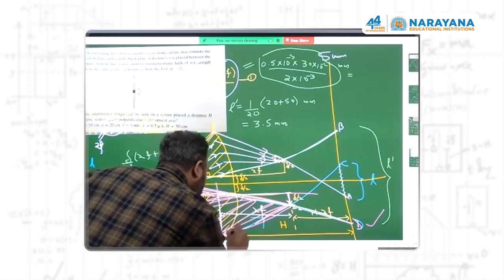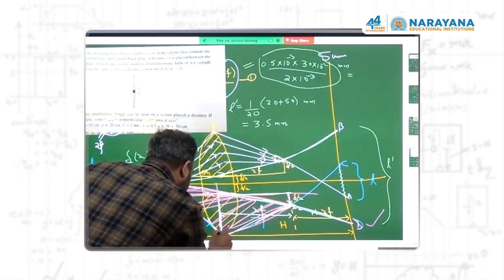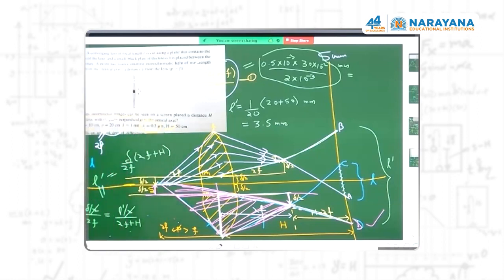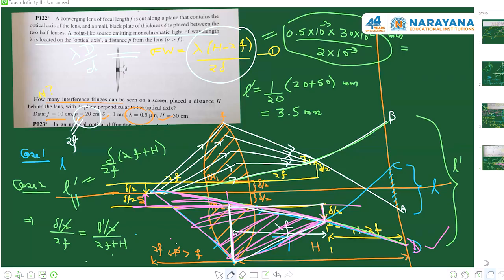But this height as such is not given. In this problem, he has never given the size of the aperture. If you provide me the aperture also, you provide me delta by 2, that's fine. You provide me aperture also. So this point will be well defined. And with respect to the axis, I know my well defined point here also. Then it will be very simple. I have to just connect them and I know the position.